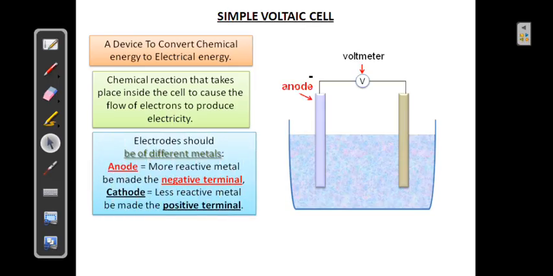And in this particular case, for the Voltaic cell, the electrodes should be of different metals. It cannot be the same. So for the anode, a more reactive metal will be made the negative terminal, while at the cathode, the less reactive metal is made the positive terminal. Now that is the rule.